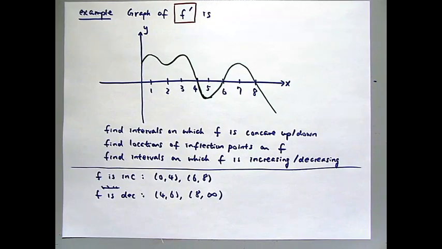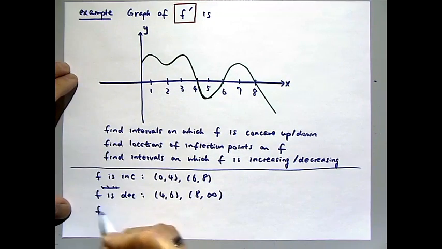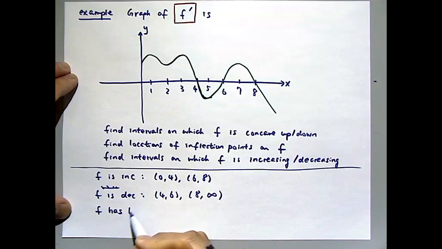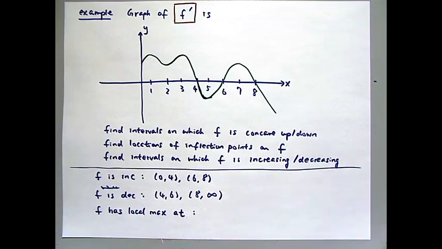Does the function f have local max and min? Let's write that too. Where would the original function have a local maximum? It happens when f prime goes from positive to negative, right?